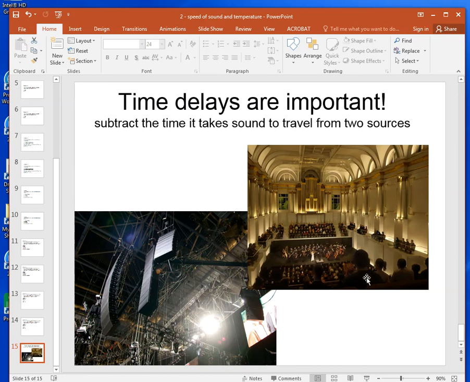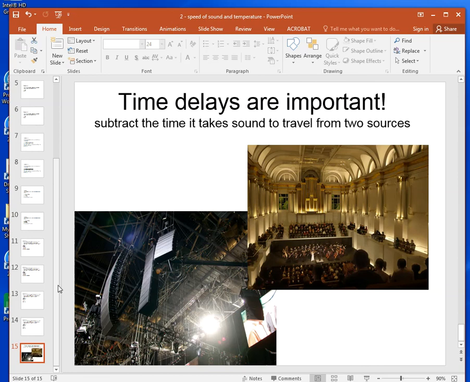But for this person way in the back, there might be quite a difference in the time delay, and this could sound very strange. They could sound out of sync with each other to first order. But there are other effects, which we'll get into later, that have to do with interference.